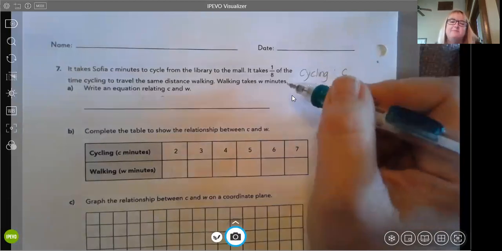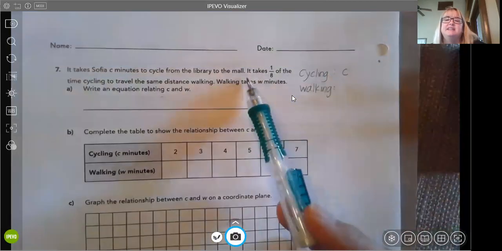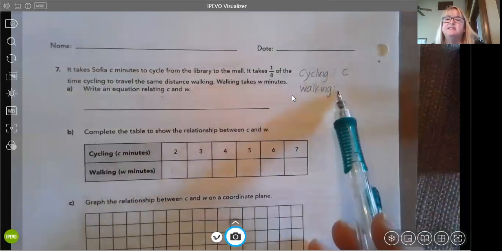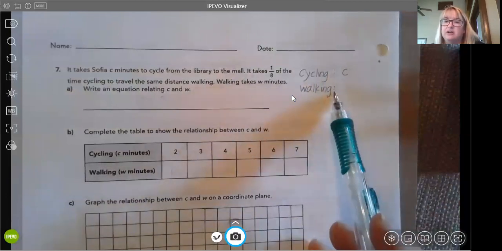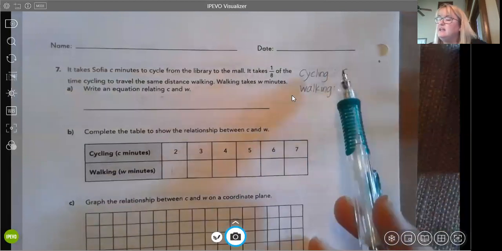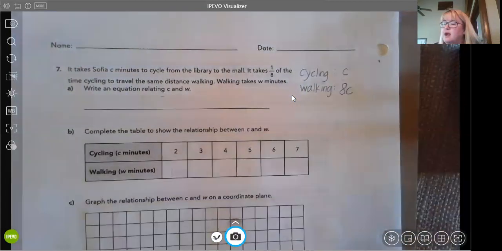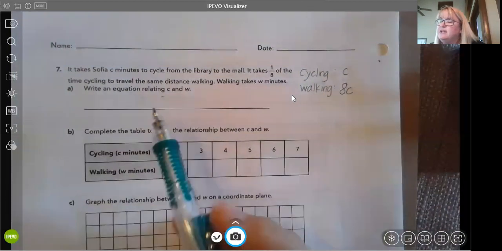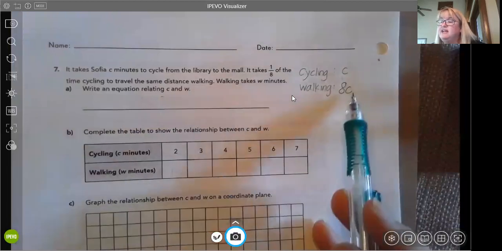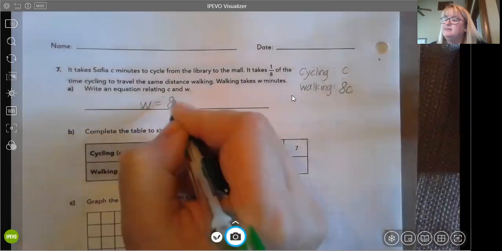I really think this was a little bit mean to write it this way. Instead of saying it takes 1/8 the time to cycle as it does to walk, let's turn it around and say it takes 8 times as long to walk as it does to cycle. So if cycling is C, walking would be 8C. Then it says write an equation relating C and W. We can see that walking is already an expression, 8C, so we're going to write W equals 8C.